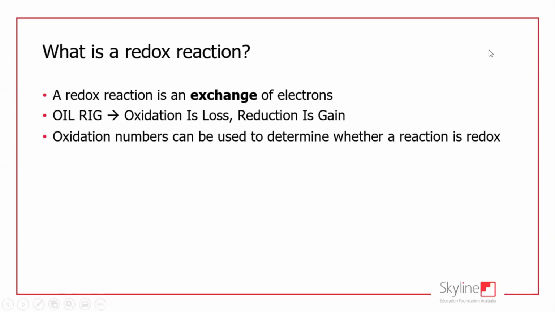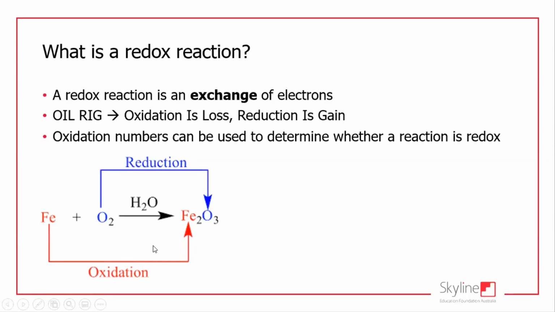We can also use oxidation numbers to determine whether a reaction is actually redox, because there are some reactions that might look like there's electrons being exchanged, but when you actually investigate it, there's no exchange of electrons. So this here is what a redox reaction would look like. We have our iron solid plus our oxygen becoming ferrous iron oxide, which is essentially like rust. Our oxygen is being reduced and our iron is being oxidized.